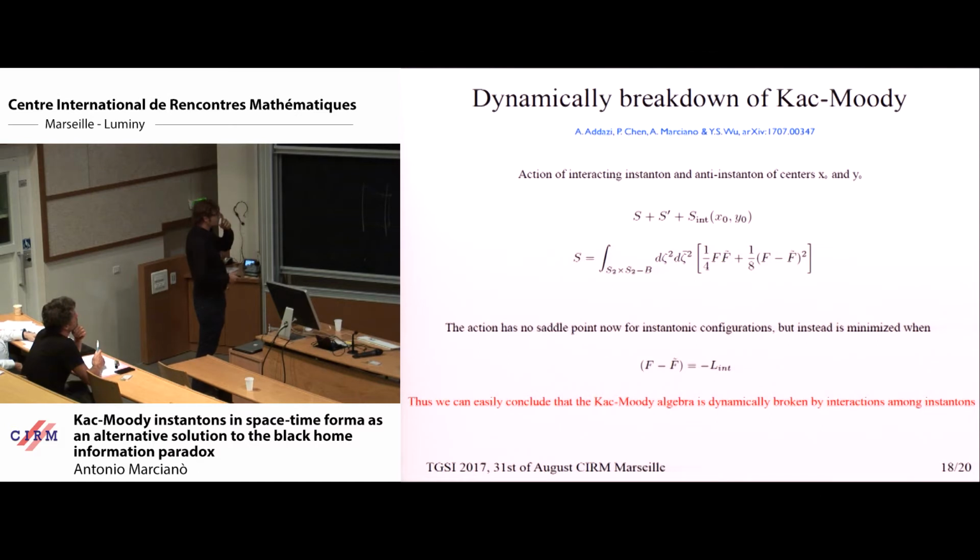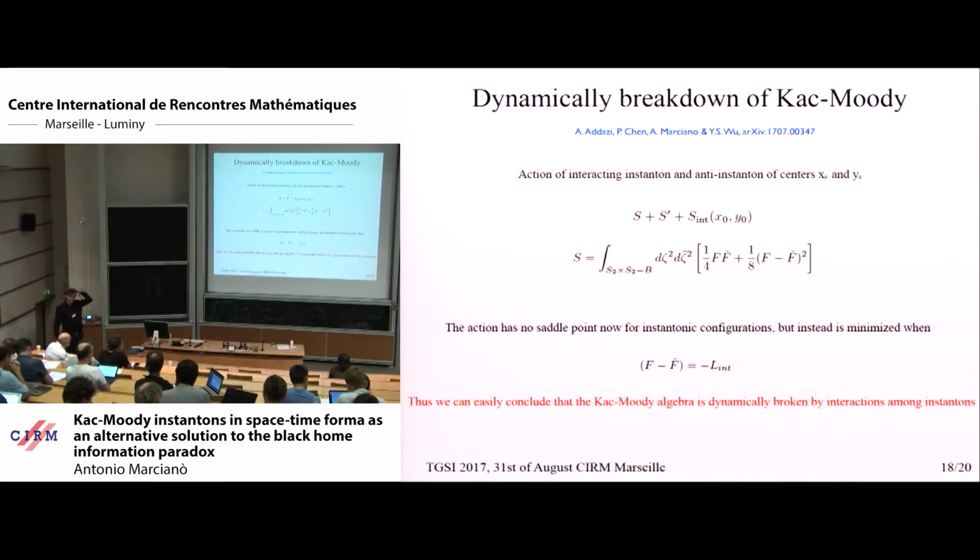So let me say also something about the fact that these Kac-Moody symmetries are symmetries that you recover when you consider that your action, at the path integral level, is dominated by solutions which are the minimum solutions, the ones that minimize your Euclidean path integral, in the saddle point approximation, if you consider the fact that instantons and anti-instantons do not interact with each other.